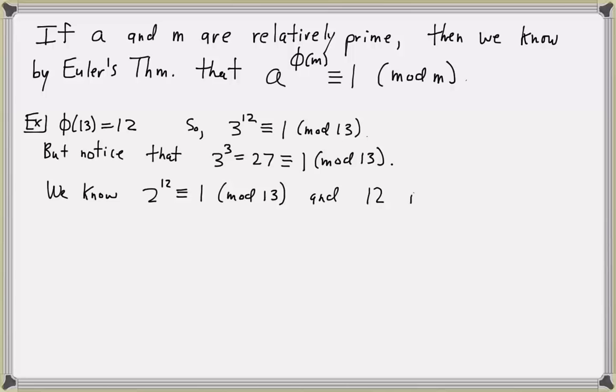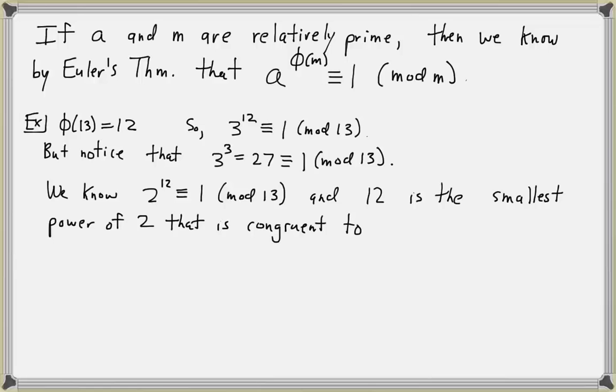And 12 is the smallest exponent, the smallest power of 2 that is congruent to 1 mod 13.